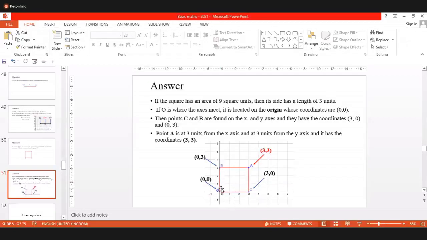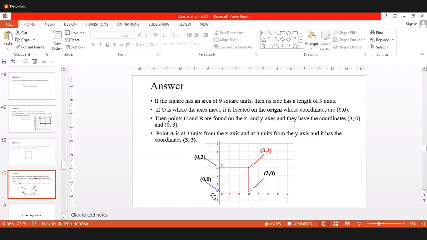As this is a square, this point has a 0 value for the y-axis, and this one has a 0 value for the x-axis. Then you can simply identify this one as (3, 3).